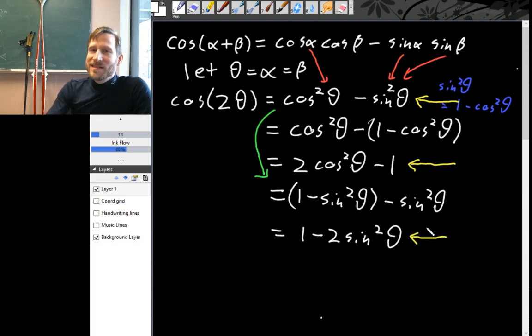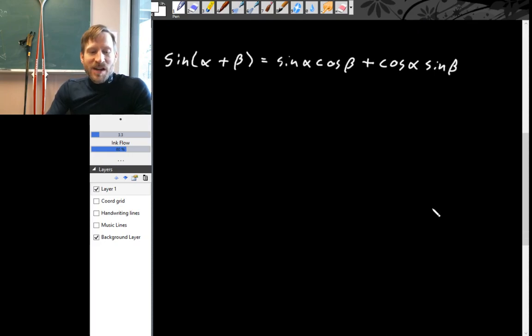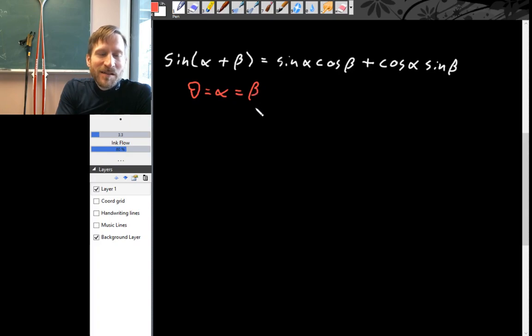All right, well, let's see what happens when we start with sine instead of cosine. So here's the addition formula for sine. And remember, we are imagining that theta is alpha and beta.